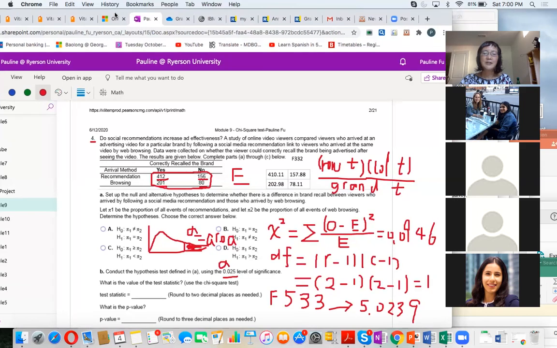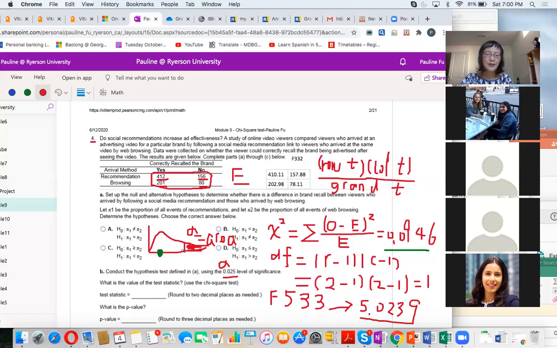And any questions so far? And now you compare the test statistic with the critical value. The test statistic 0.0946, maybe somewhere here is your test statistic. And the critical value is here, 5.0239.